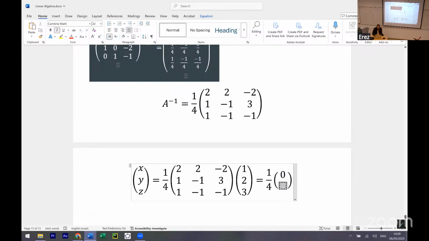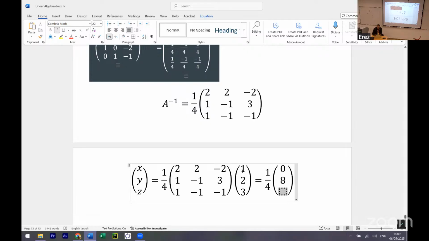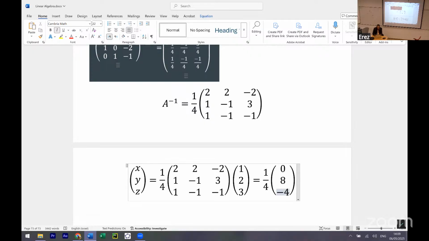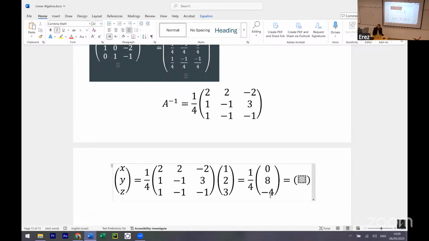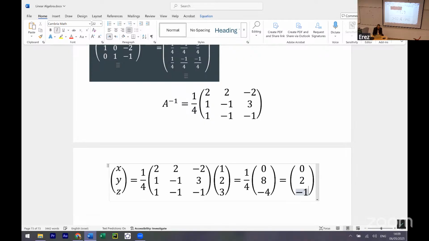Then 1 minus 2 is minus 1, plus 9, that's 8. And here 1 minus 2 is minus 1, minus 3, it's minus 4. Altogether, it's a nice result: 0, 2, minus 1. So theoretically, this is supposed to be the solution to the linear system of equations. The x must equal 0, the y is 2, and the z is minus 1.